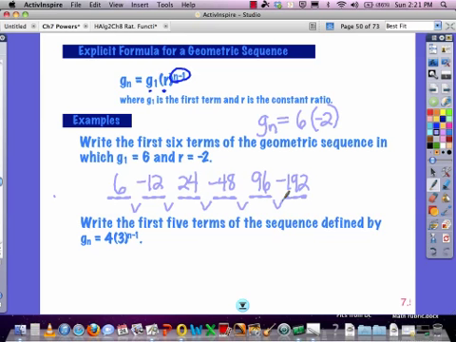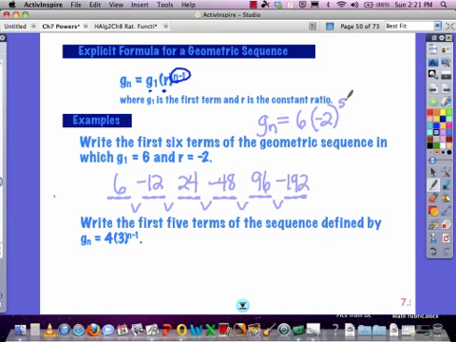I only multiplied 5 times to get 6, because going from the first to the second is 1, second to the third, 2, third to the fourth, 3, fourth to the fifth, 4, fifth to the sixth, 5. So it's n minus 1 in this case, where n, the number of terms, was 6. 6 minus 1 is 1 less than the number of terms, because you only have 5 multiplications to get the 6 terms. That's the key on this geometric explicit setup, and that is your exponent.